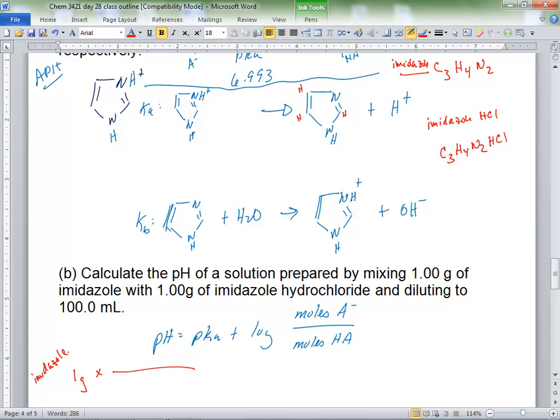About 68? About 0.0147 moles of the imidazole.